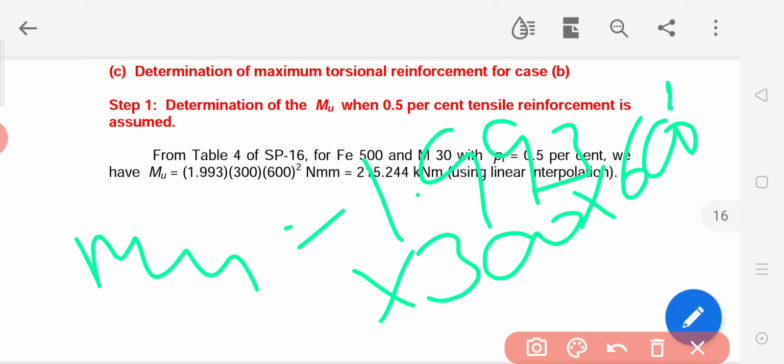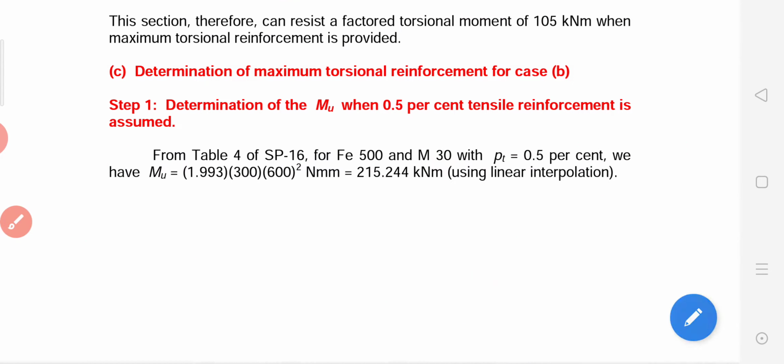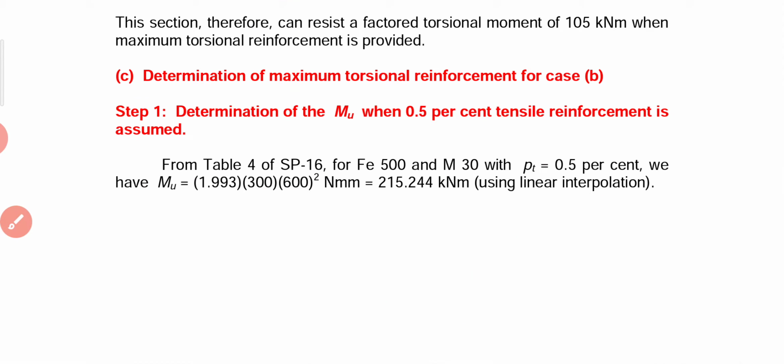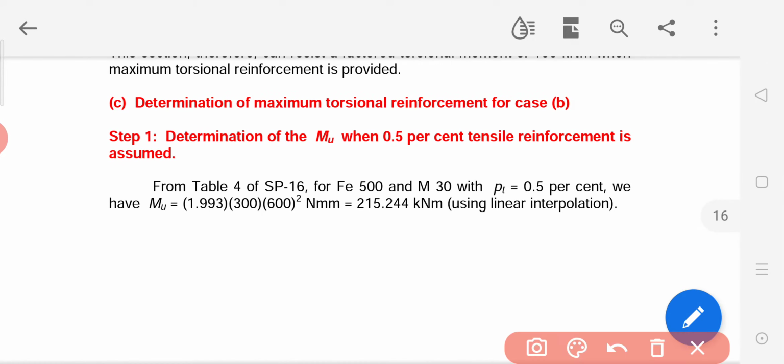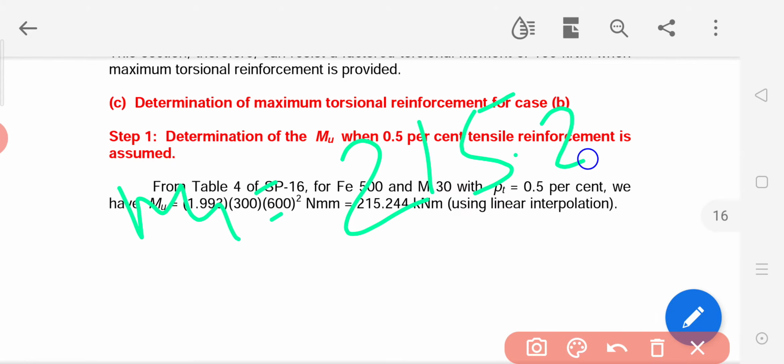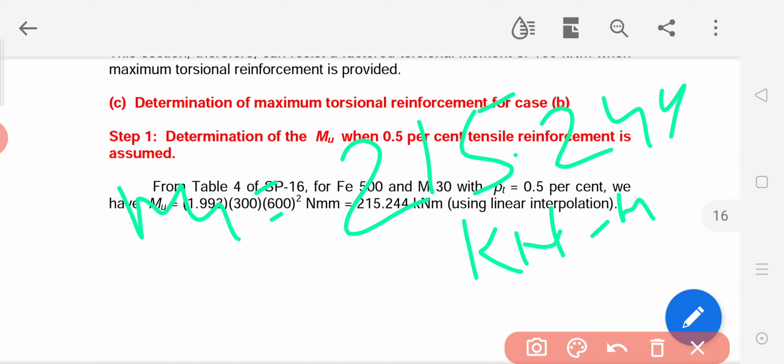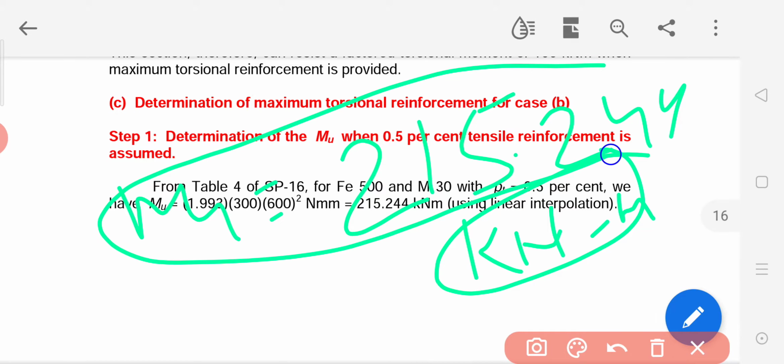So we get the value of Mu equal to 215.244 kilonewton meter. We find this value using the linear interpolation formula.